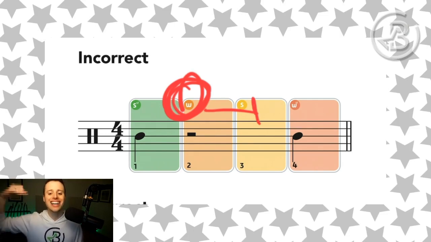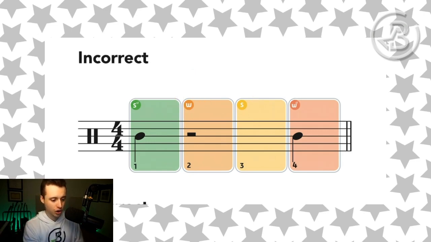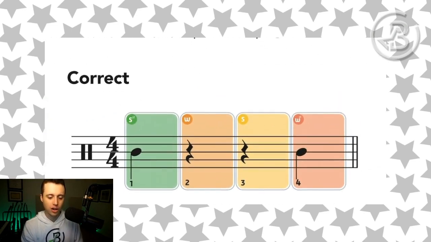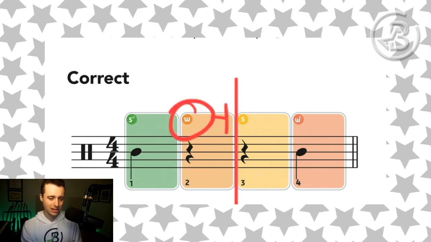You need to write a second notation, which might be another quarter rest in the case of this, to get it correct. So let's look at the correct example, and sure enough, we got 2 quarter rests, which means number 1, we have our divide between beats 2 and 3, very clean, and number 2, the rest on the weak beat is not lasting into the next beat.